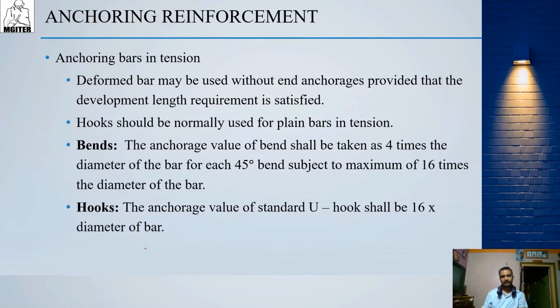So what is anchoring? Anchoring is reinforcement with extra reinforcement. What is extra reinforcement? Bends or hooks, we call this anchorage reinforcement. The anchorage value of a bend shall be taken as 4 times the diameter of bar for each 45 degree bend, subjected to a maximum of 60 times the diameter of bar. So anchoring means length will be increased.